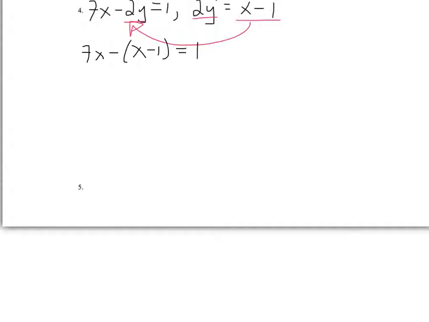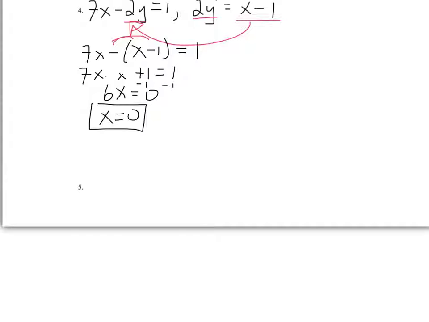Make sure you distribute through this negative sign to both terms inside. So we're going to get 7x minus x plus 1 equals 1. I get 6x on this side. Take away 1 from both sides equals 0. So x is 0. 0 is a perfectly good answer.